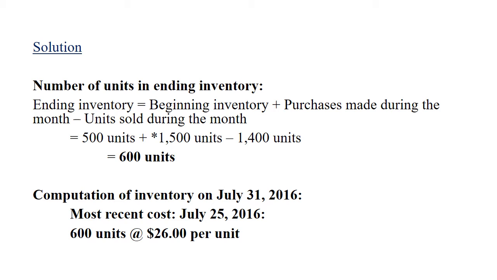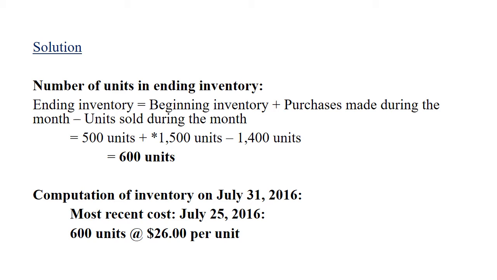So we have a total of 1500 units. So for the month of July, the purchases made is 1500, less the units sold, which is 1400. It is directly given in the question that 1400 units were sold in the month of July.